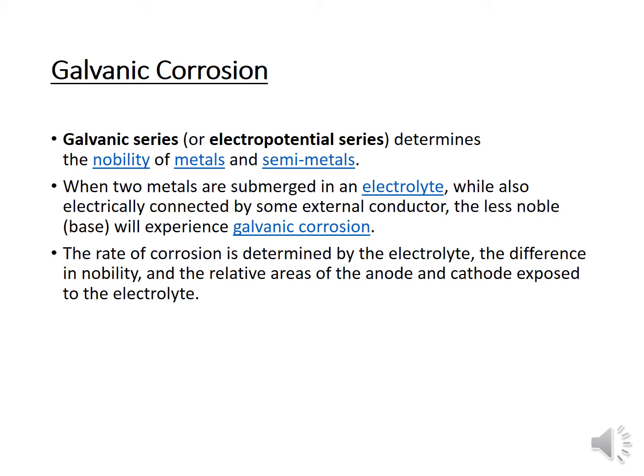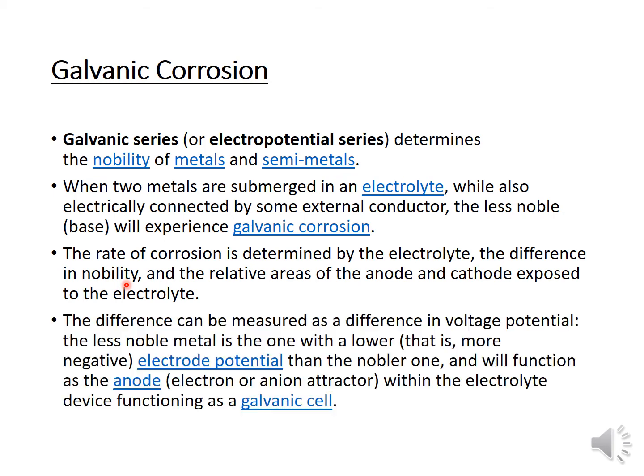The rate of corrosion is determined by the electrolyte, the difference in nobility, that is the position in the electrochemical series, and the relative area of anode and cathode exposed to the electrolyte. The difference can be measured as a difference in voltage potential. The less noble metal will act as anode and undergoes corrosion, forming a galvanic cell.